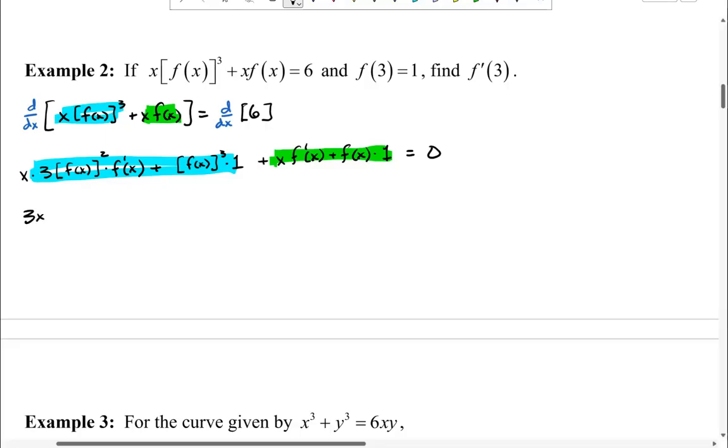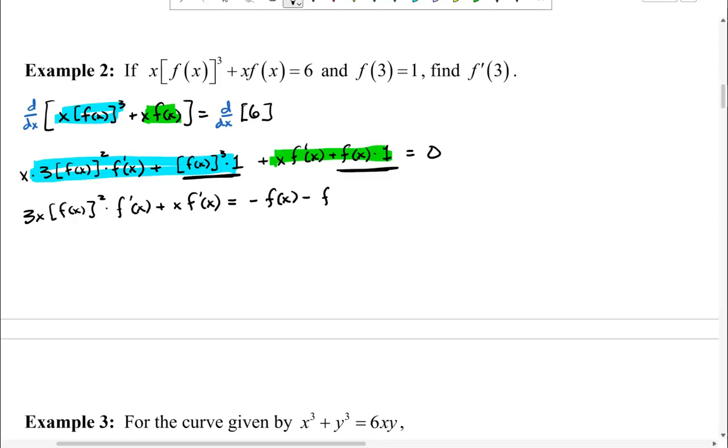So we have 3x f of x squared times f prime of x plus x f prime of x. And then we'll subtract over these two terms that don't have an f prime. So we get negative f of x minus f of x cubed.